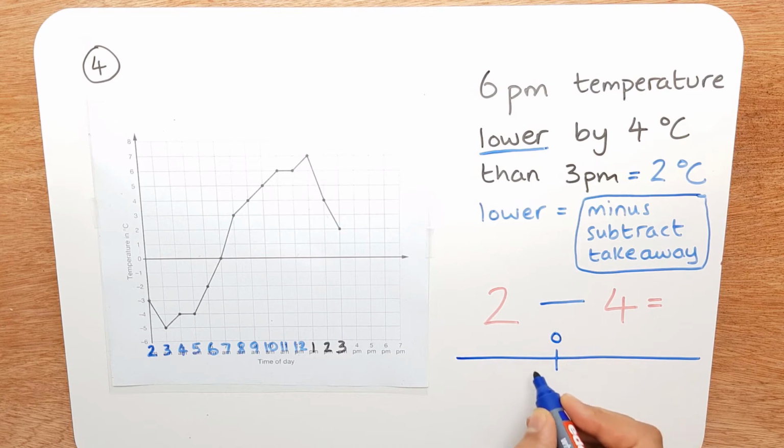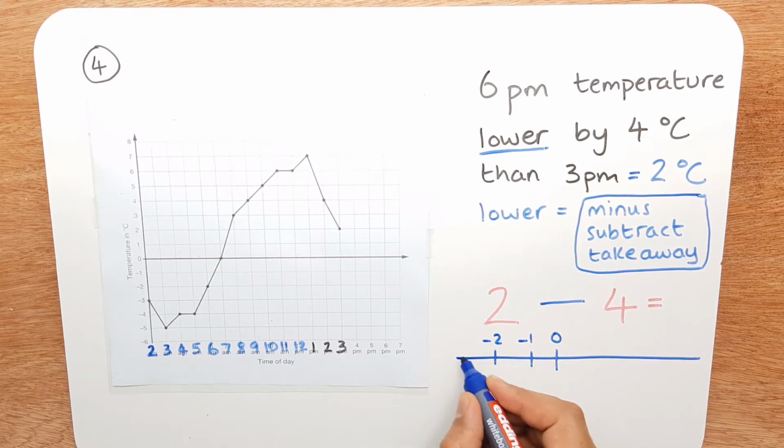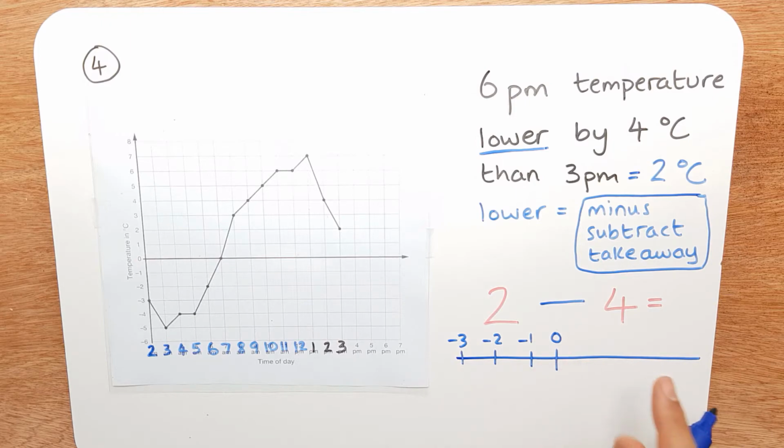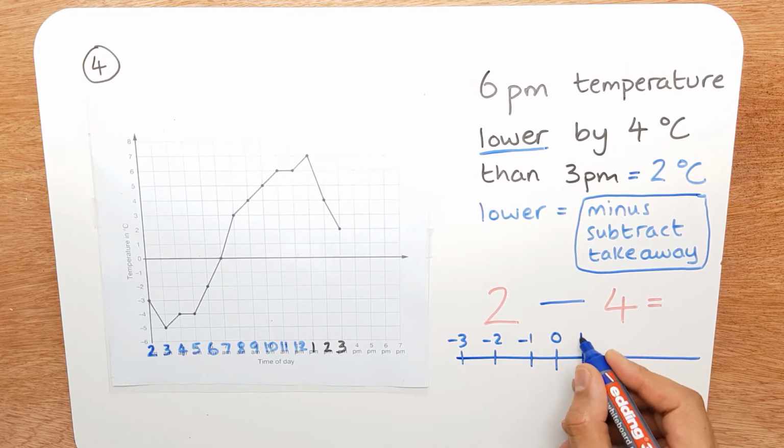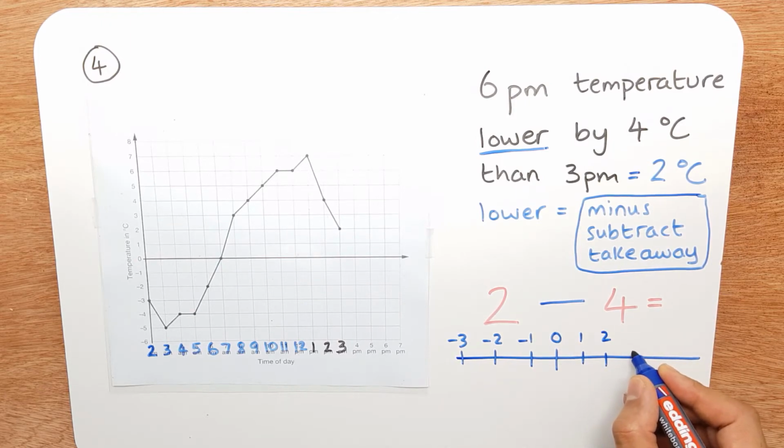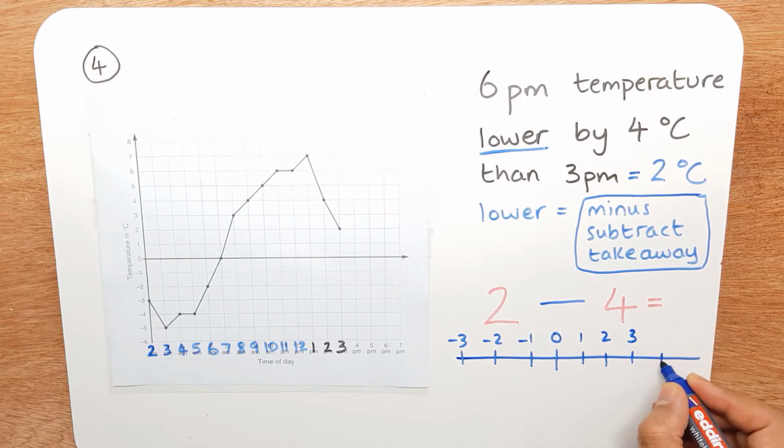There's 0, there's -1, -2, and -3. And on this side, on the right hand side, it's 1, 2, 3, and 4.